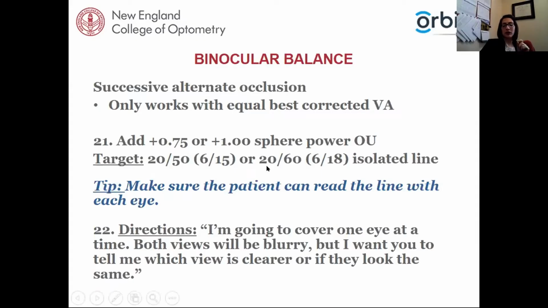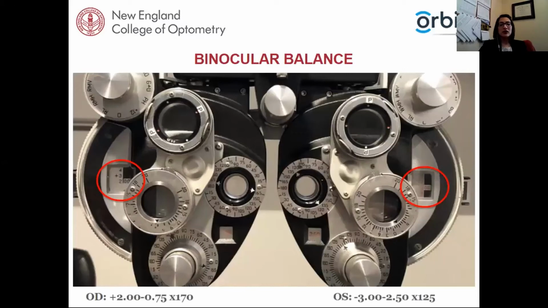If they're not able to read the 20/60 line, then I would go to the 20/70 line. You want to make sure with each eye that they can read that line. And the directions are that I'm going to cover one eye at a time. Both eyes will be blurry, but I want you to tell me which is clearer or if they look the same. So this is our refraction.